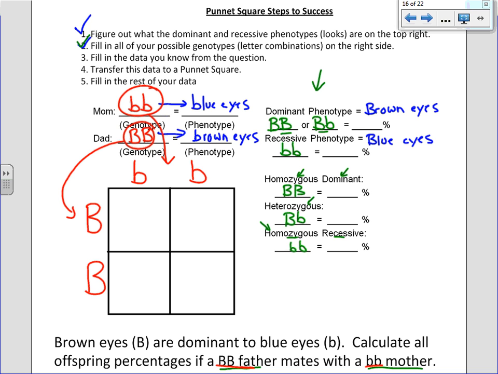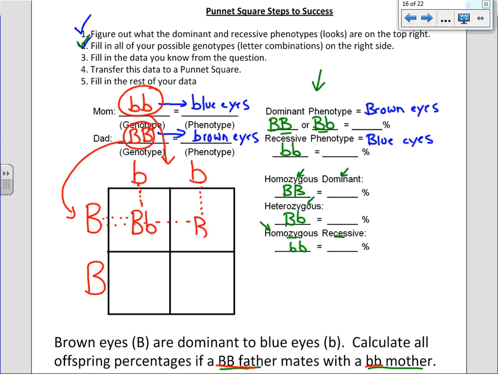Now this Punnett Square is going to allow us to show all of the possible combinations that dad's sperm and mom's eggs can make in terms of babies. So what you do is you simply take a look at which lines up with which. In this case, there's a big B on top, a little b on top, and a big B on the side. So in this box, you'd write big B, little b. In this square right here, there's a little b on top, and there's a big B on the side.